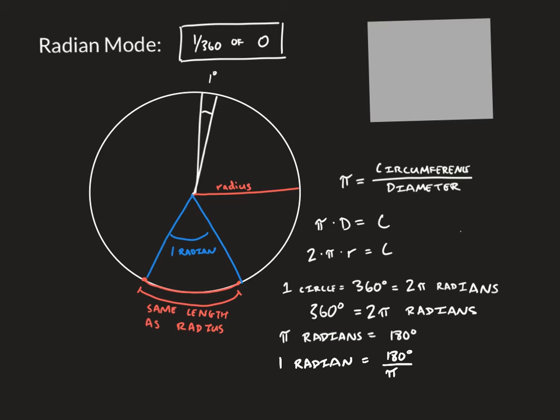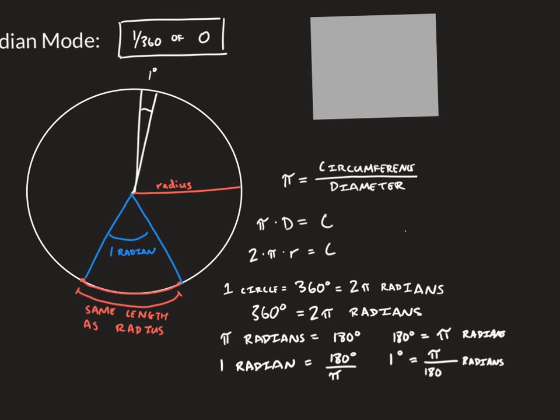And on the other hand, we can start here and say 180 degrees equals pi radians, which means that 1 degree must equal pi over 180 radians. Given that, we can now convert from radians into degrees and degrees into radians.